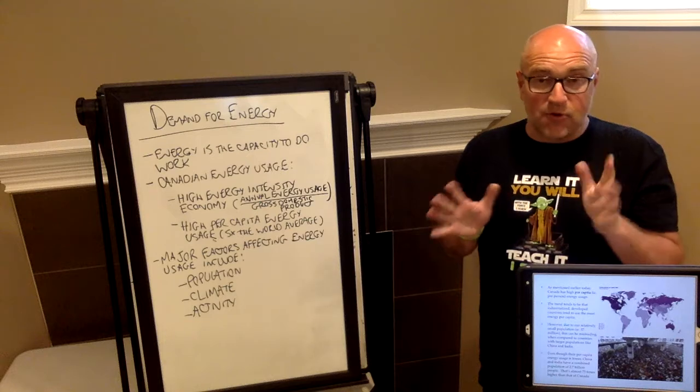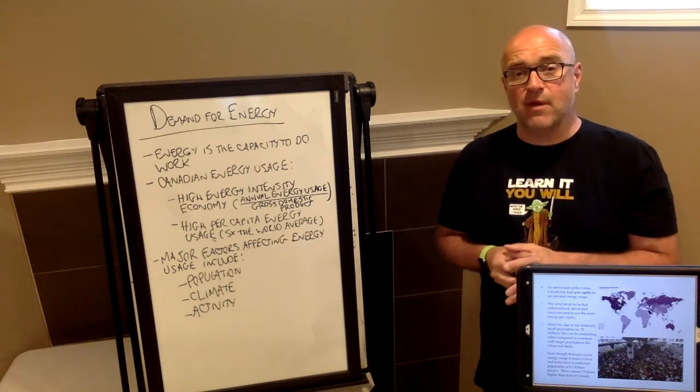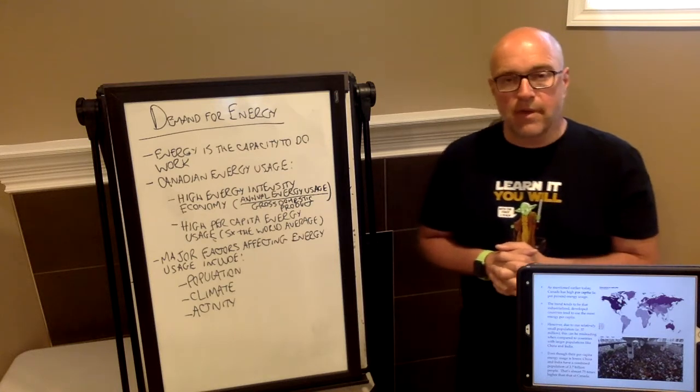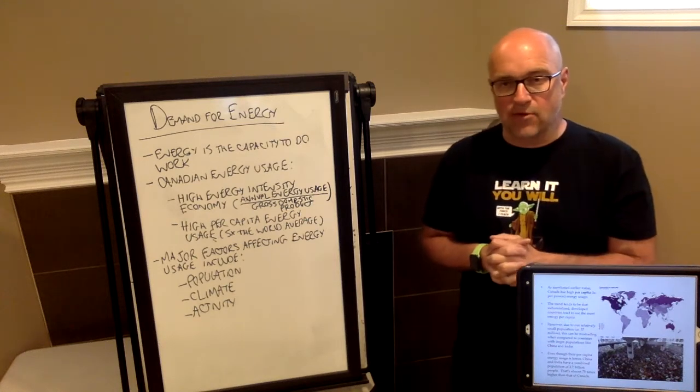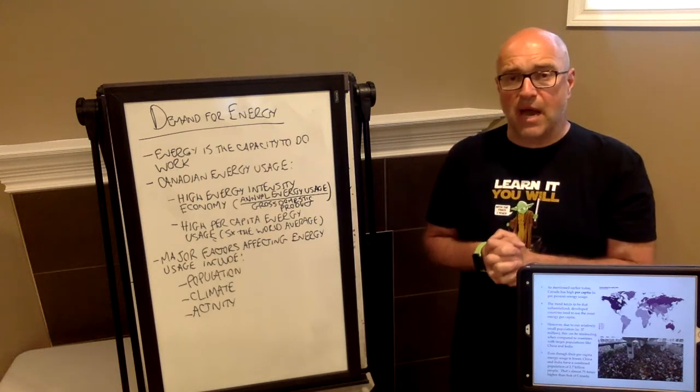So to put that in perspective, just to give you the numbers, China and India at 2.7 billion people is 75 times higher than the entire population of Canada. So that'd be like having 75 Canadas basically pumping out their energy.